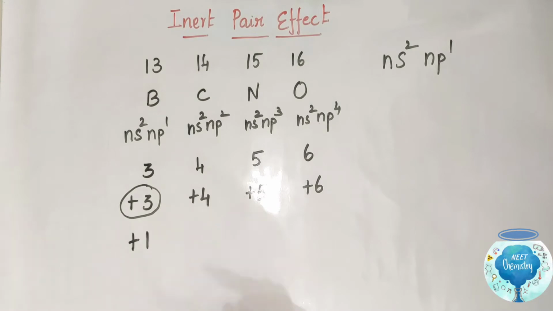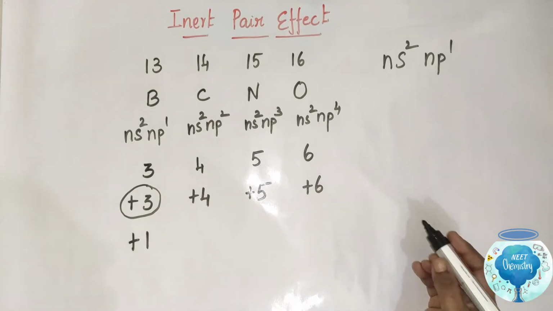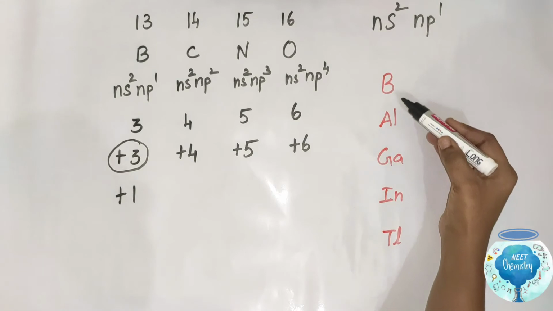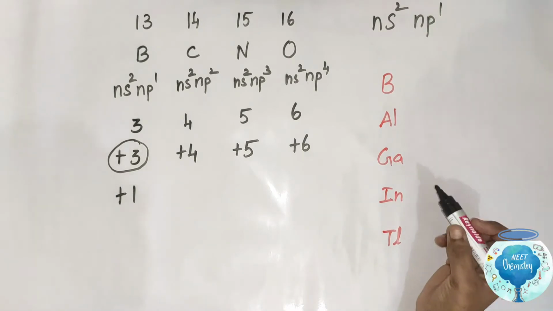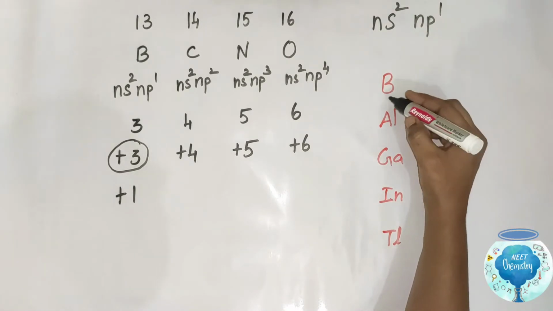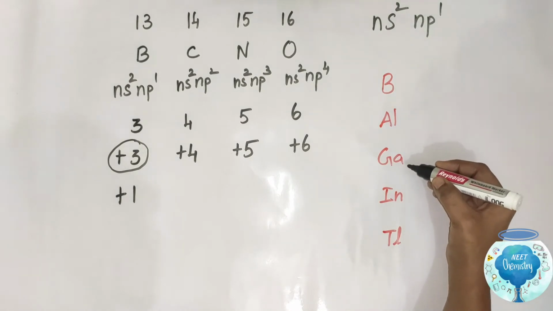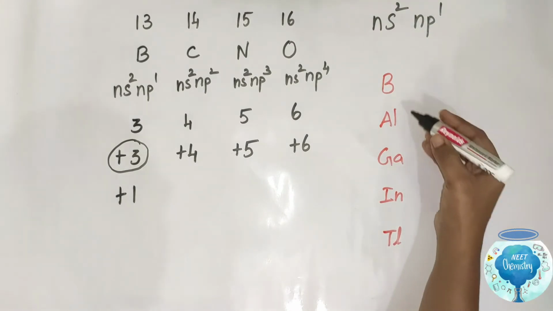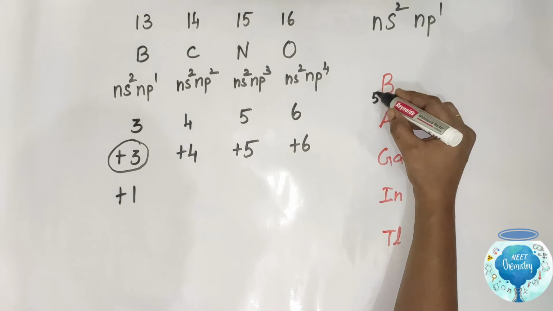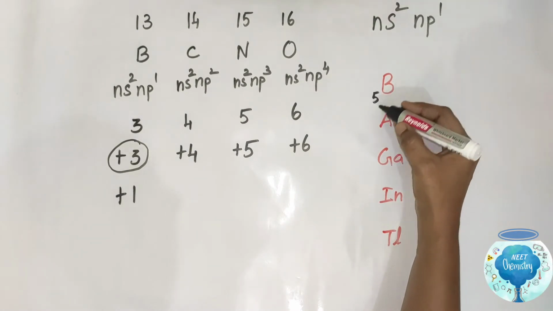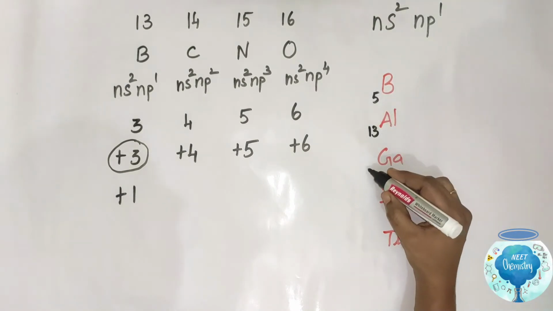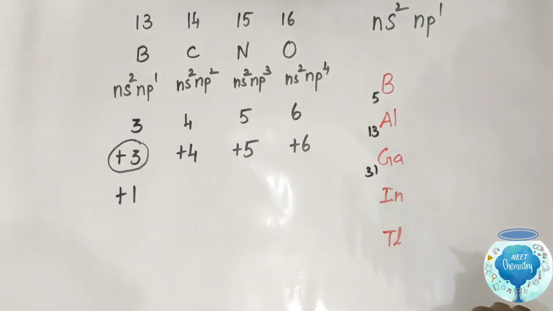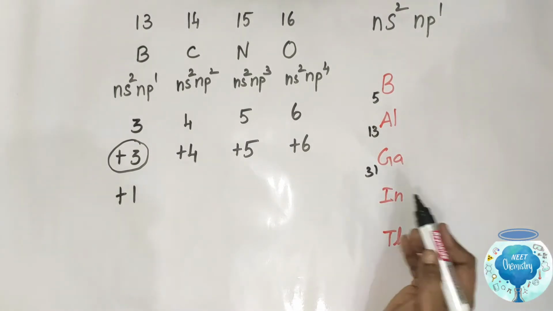What are post-transition heavier elements? Going down the boron family: boron, aluminium, gallium, indium, thallium. Boron has atomic number 5, aluminium 13, gallium 31, and so on.